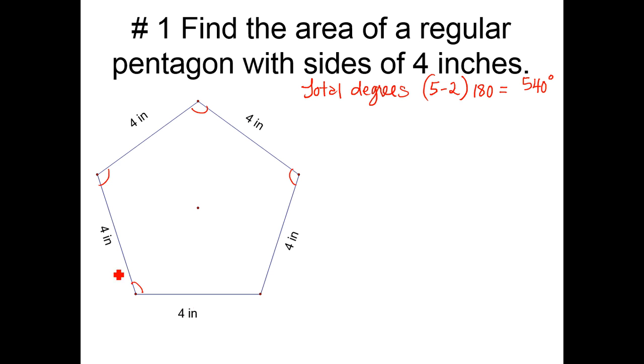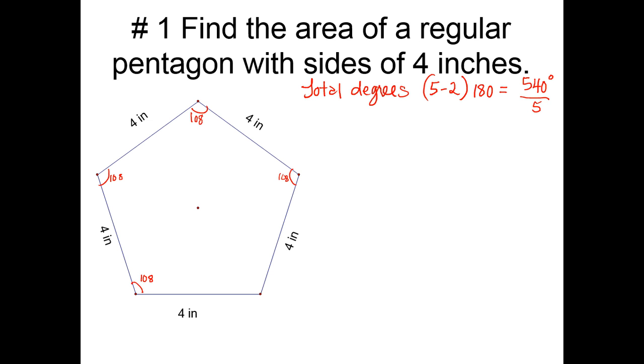So this guy has 5 angles, so we can take 540 divided by 5, and we get 108 degrees. So this is 108, this is 108, this is 108, this one's 108, and this one is also 108. Not going to fill that in right now because I'm going to make a triangle there, and we're going to talk about that in a second.